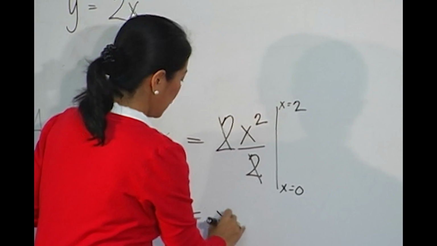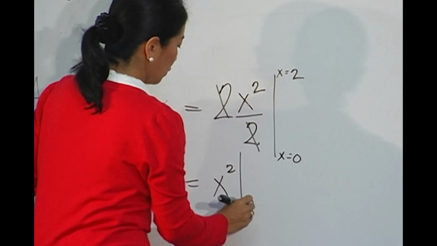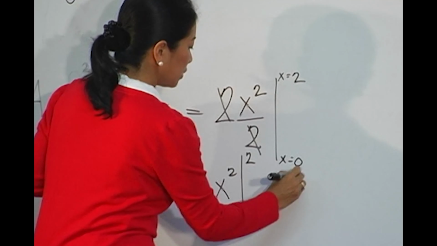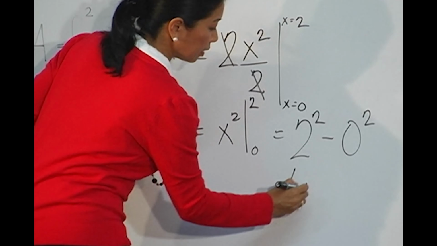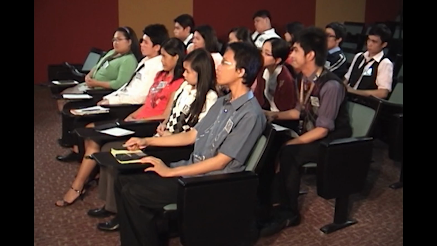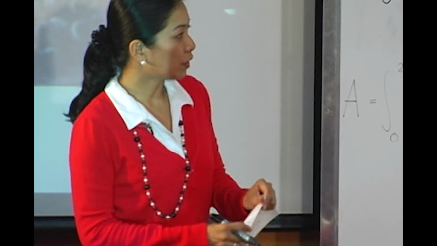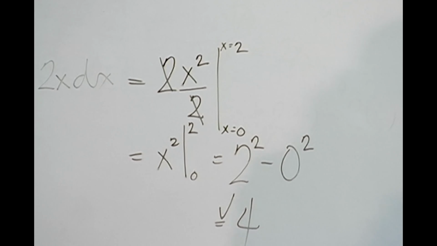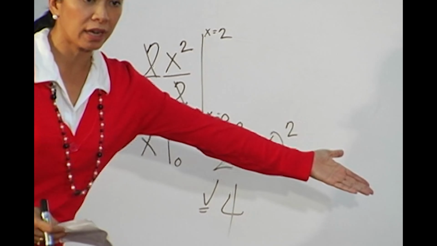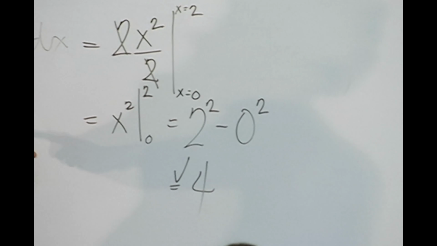So what you have is x squared from 0 to 2, which is 2 squared minus 0 squared, and indeed, we get a 4. Okay? So even if you get a regular shape, you put it on the xy plane, the formula will still work. Whether it's the old formula, the familiar formula, or this method.